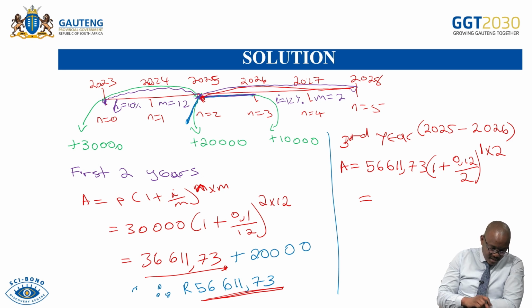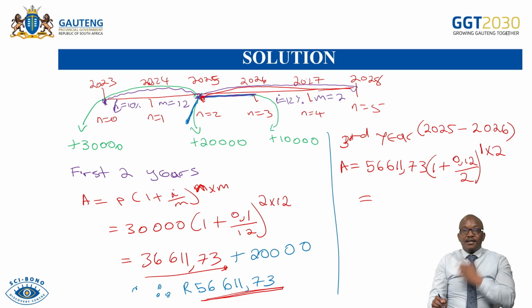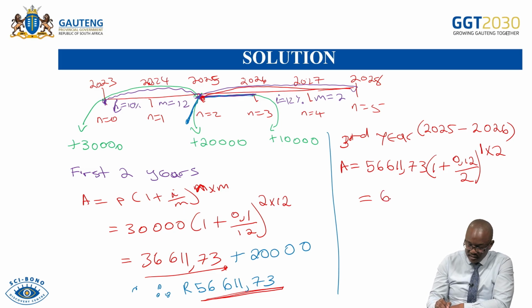If you say 56,611 rand 73 into 1 plus 0.12 divided by 2 to the power of 1 multiplied by 2, you will see that at the end of the third year, which is 2026, we are going to have 63,608 rand 94.